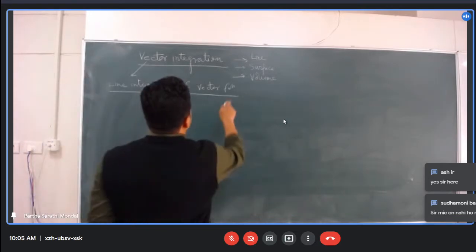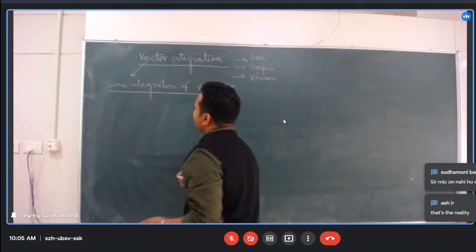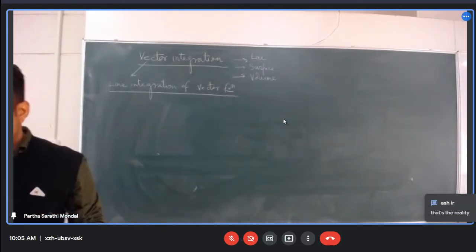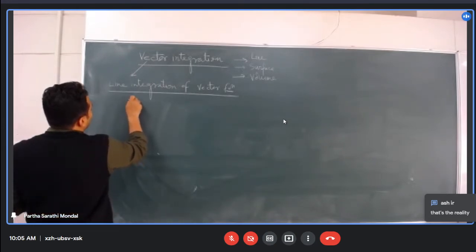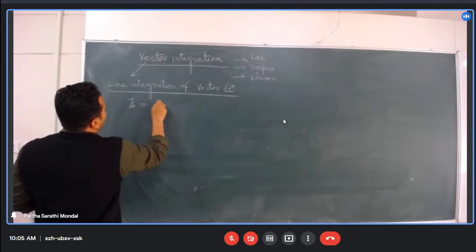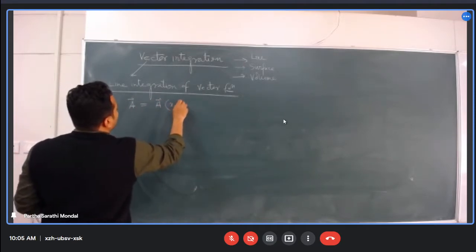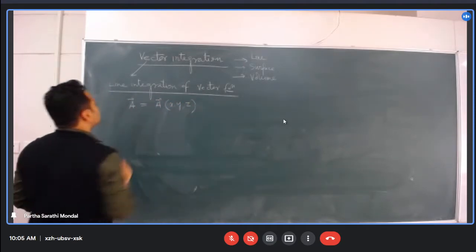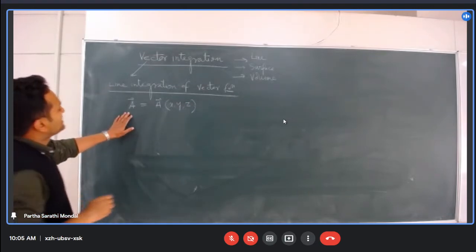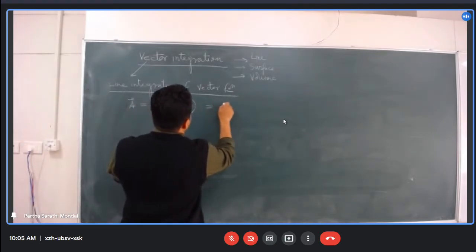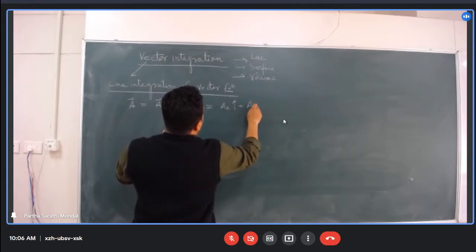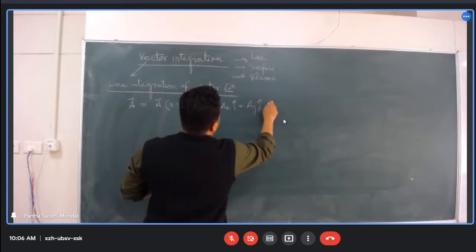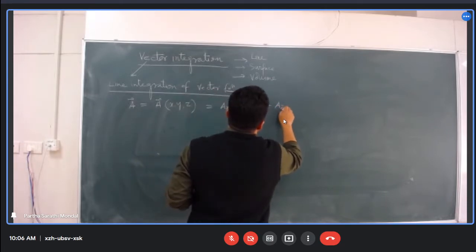सर वो फंक्शन लिखे हैं लास्ट में कि फॉर्मूला? Vector function, line integration of a vector function. So let's take A is a vector function, which is a function of coordinates x, y, z in 3 dimensions. So you can write this as Ax i, Ay j, Az k.